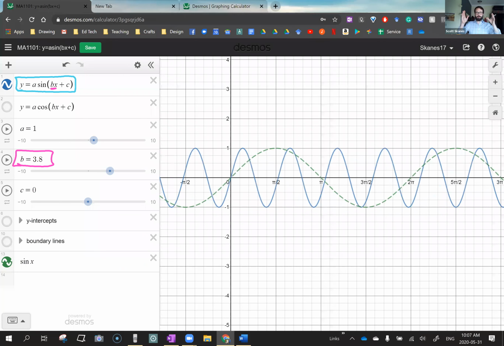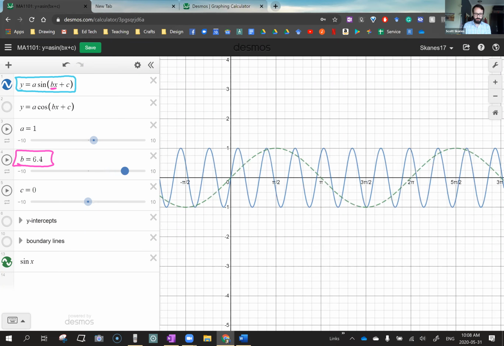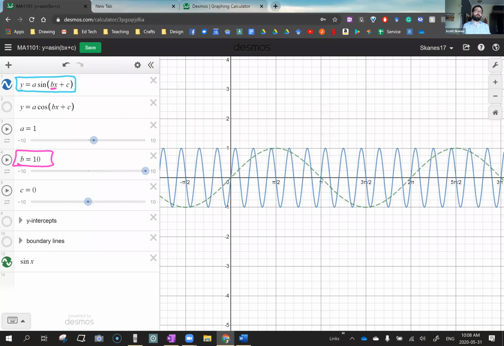Whoa, it goes from being stretched out to being compressed. We're pushing it in like a spring. You can imagine the sine curve being almost like a spring. We're compressing it, squishing it, making it smaller. So the bigger the B value, the more compressed it is. And really, really big B values compress it way down.